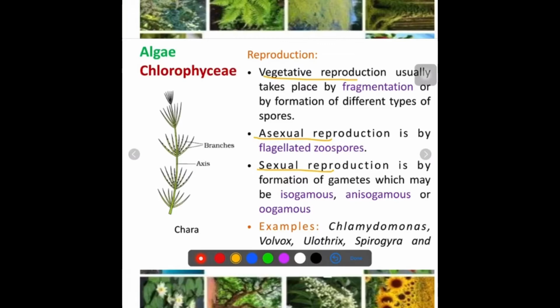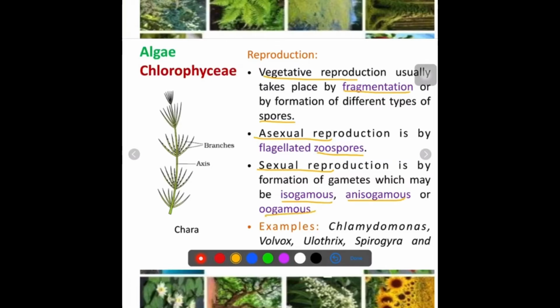In vegetative reproduction, it reproduces by fragmentation or by the formation of different types of spores. In asexual reproduction, by the formation of zoospores. And you know that zoospores are motile and flagellated. Sexual reproduction involves the formation and the fusion of gametes. These gametes may be either isogamous, anisogamous, or oogamous.